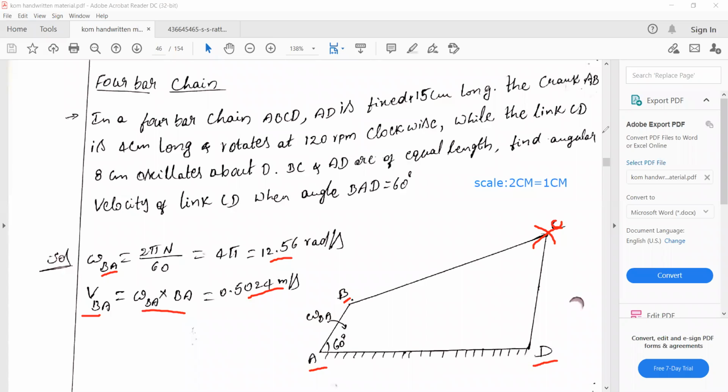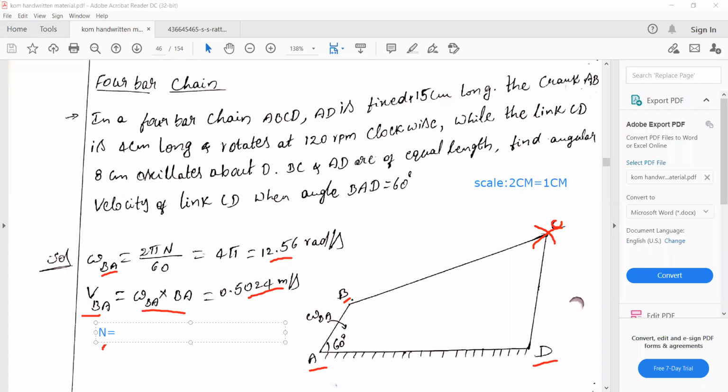Now the problem is to be solved with the help of the instantaneous center method. First, we have to identify the number of instantaneous centers, that is capital N. What is the formula?